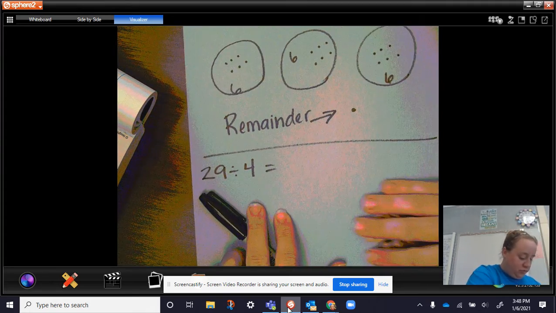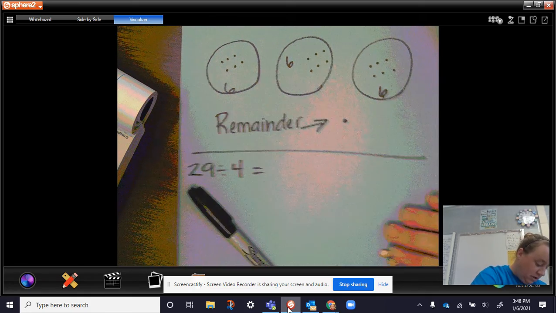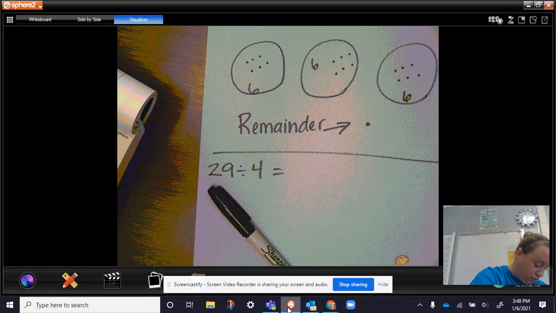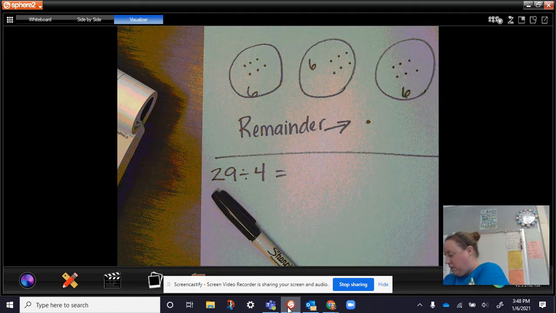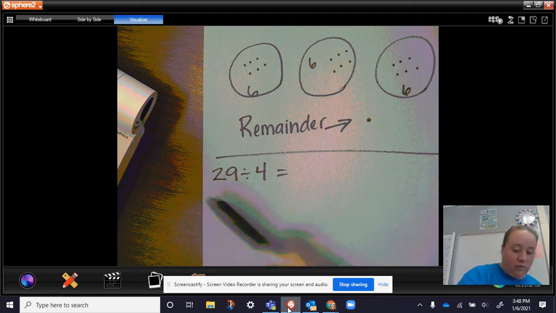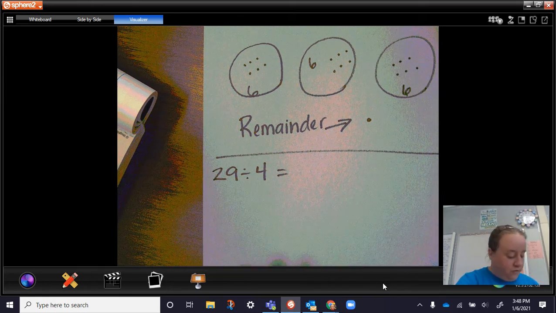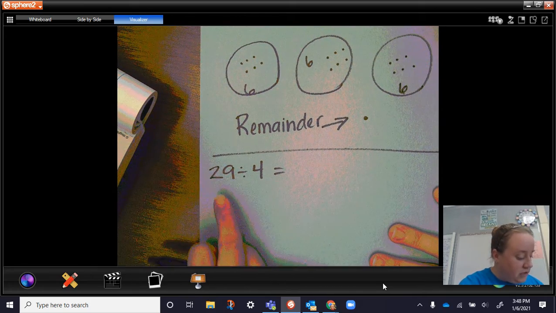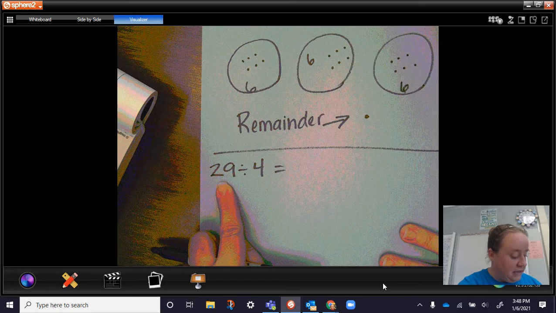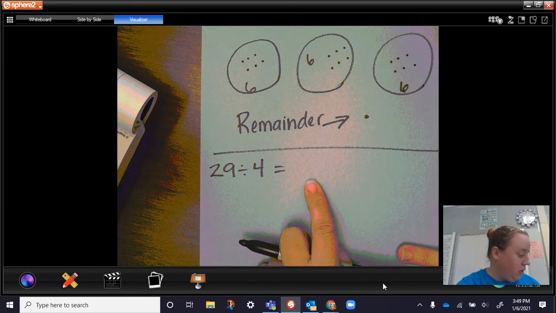We need to be strong enough in our multiplication facts that we can think about these groups in our head and not have to use manipulatives like that. But if you still need them, that's fine. If you still need the beans, you would take 29 beans, make 4 groups, and see how much is in each group.